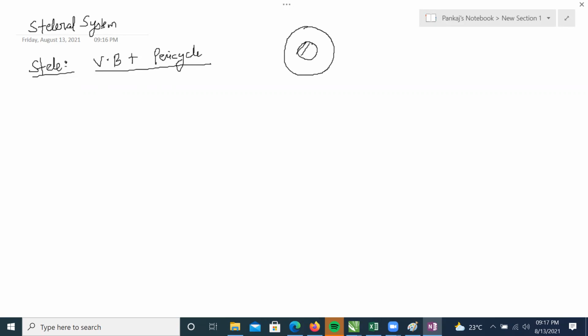So this structure is a xylem, and this structure is a phloem. Okay. Now the vascular bundle can be of three types in pteridophytes. So what are those? The first we call protostele.